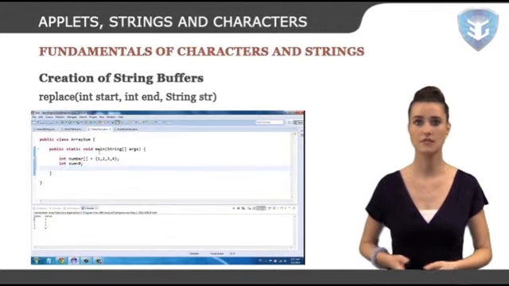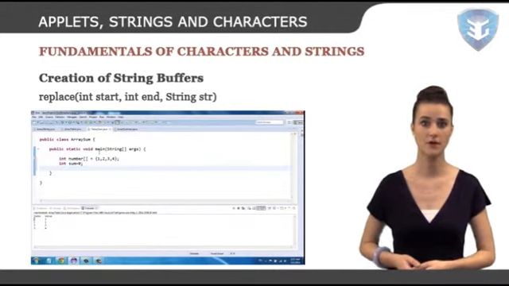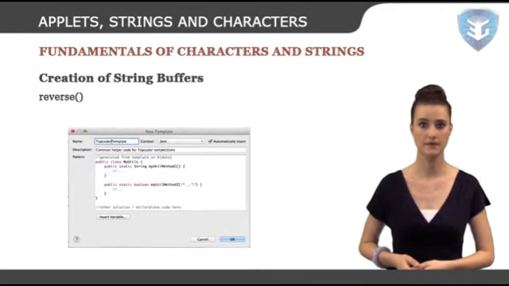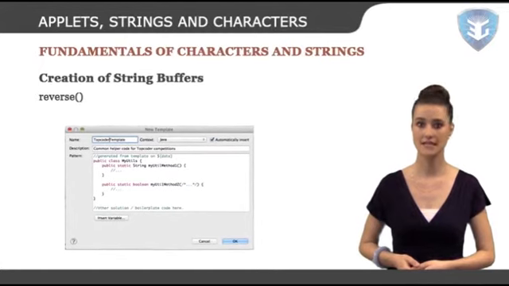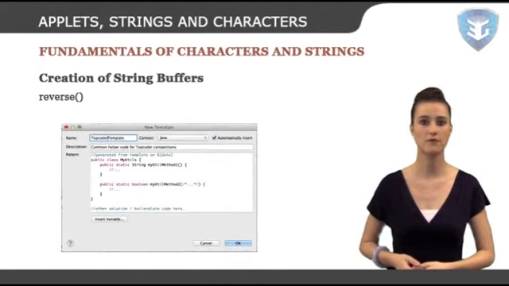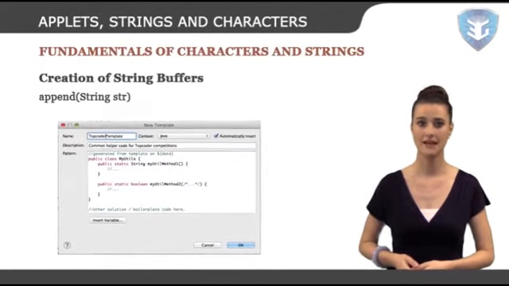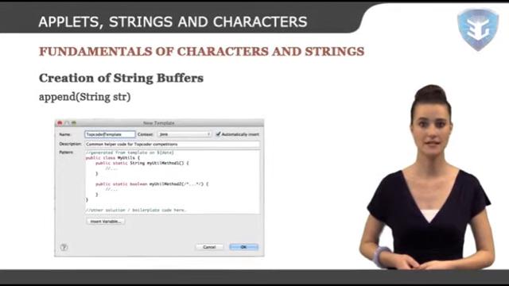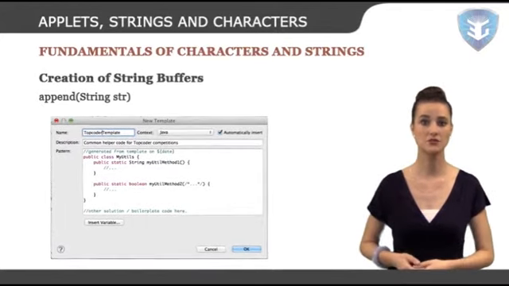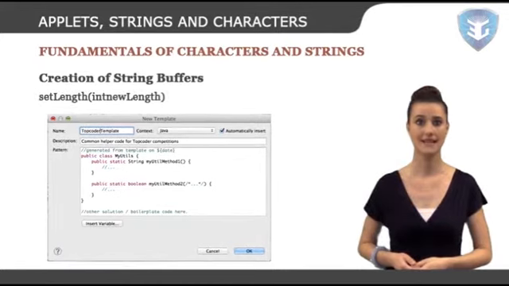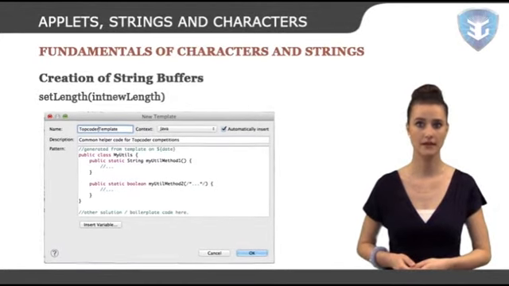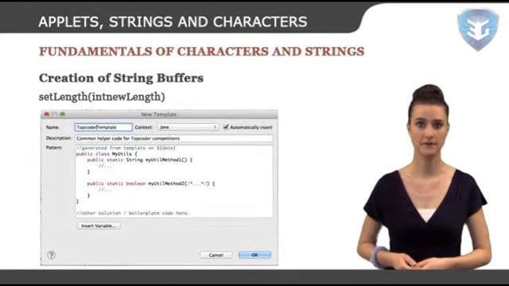Replaces the characters in a substring of this StringBuffer with characters in the specified string. 9. reverse method. The character sequence contained in this StringBuffer is replaced by the reverse of the sequence. 10. append method, String str. Appends the string to this StringBuffer. 11. setLength method, int newLength. Sets the length of this StringBuffer.